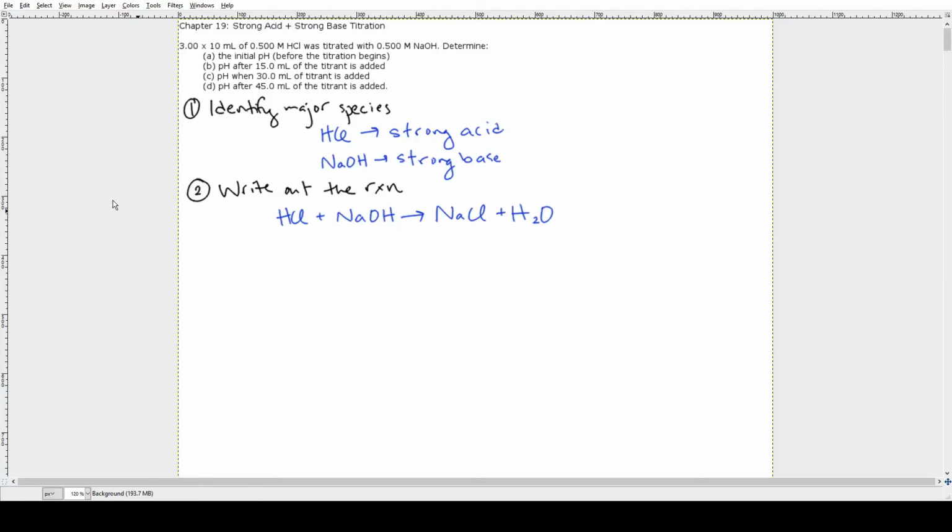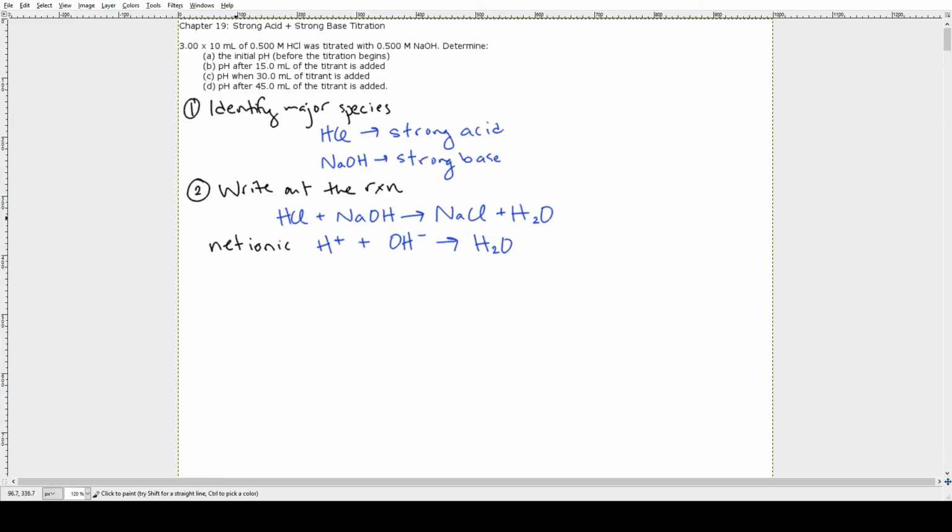Just make sure that you are able to get the net ionic, because that's what we really want. The net ionic is what we use for our ice charts. You would end up with H plus OH minus reacts to form H2O. Now, this is always true for strong acids and bases. However, you do want to be careful of when you have something that is insoluble, an insoluble salt, because that might shift your net ionic a little bit. However, basically always true for strong acids and bases right here.